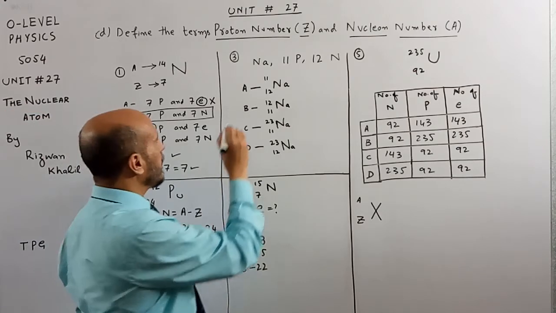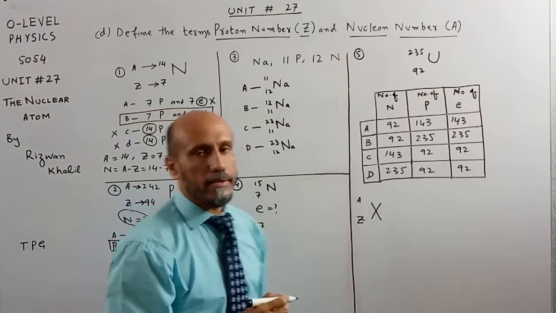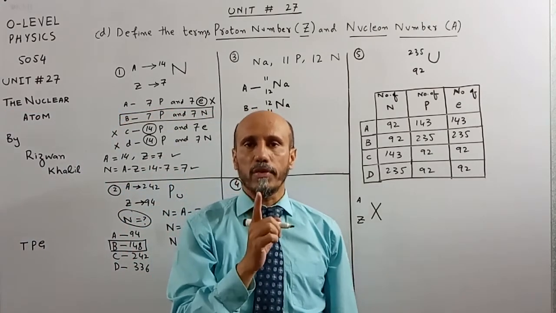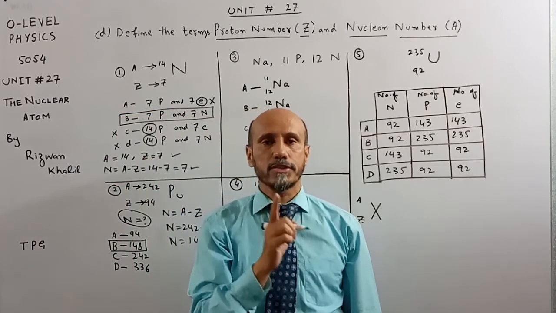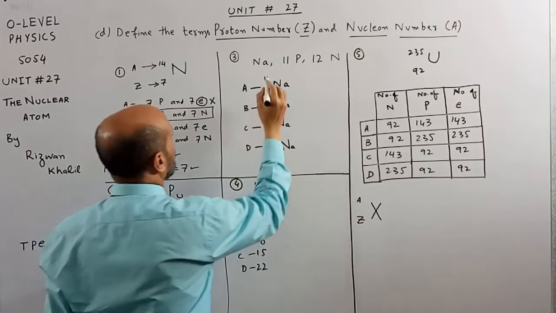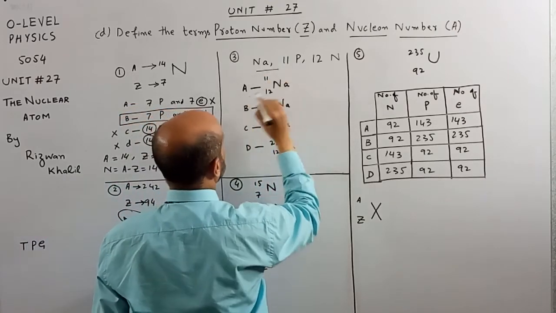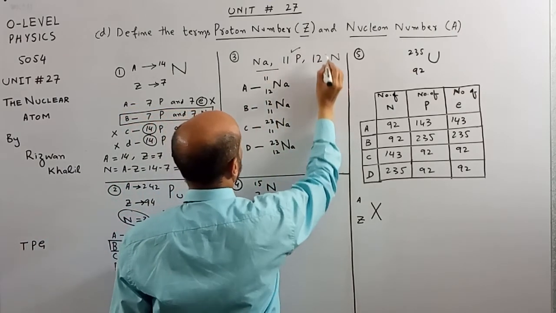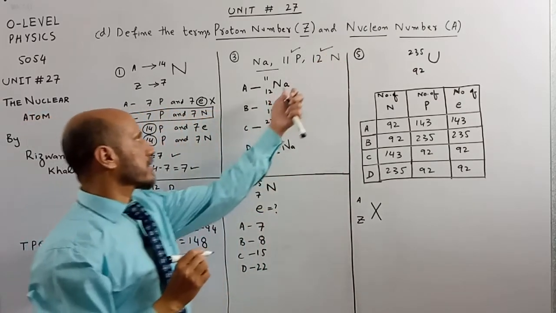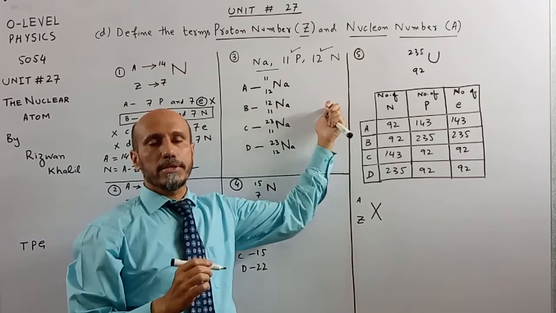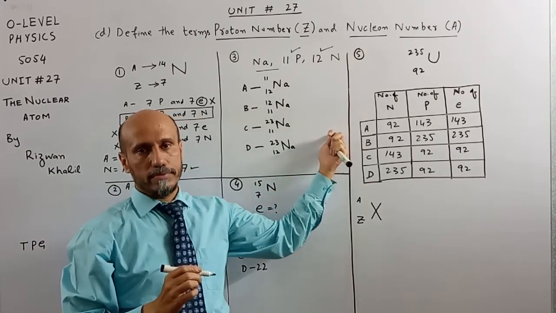Now we will proceed towards example number 3. Again, what was the notation of a nuclide? X, A and Z. Here an element sodium is given with 11 protons and 12 neutrons, and it is being asked which notation is the correct notation.